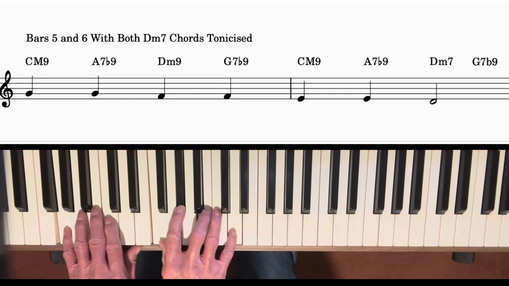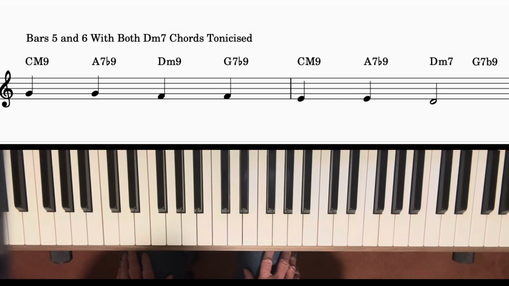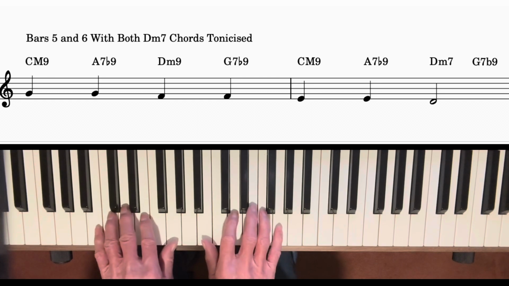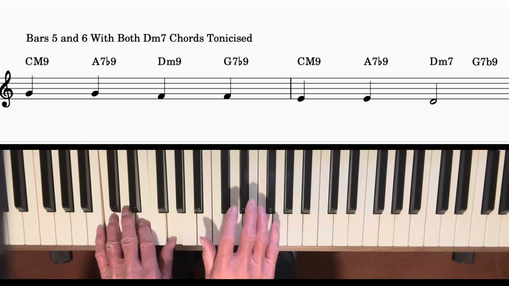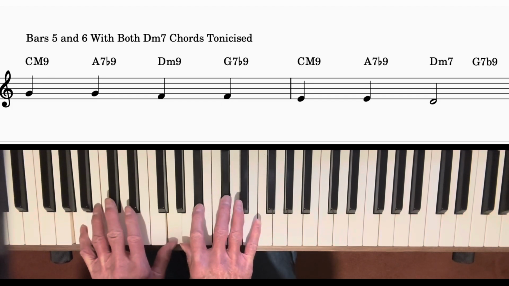Now that works really well because of this inner movement that I talked about earlier on the major 7th chord, C major 7. The 7th and the 9th drop a semitone to the flattened 9th and 3rd of A7.